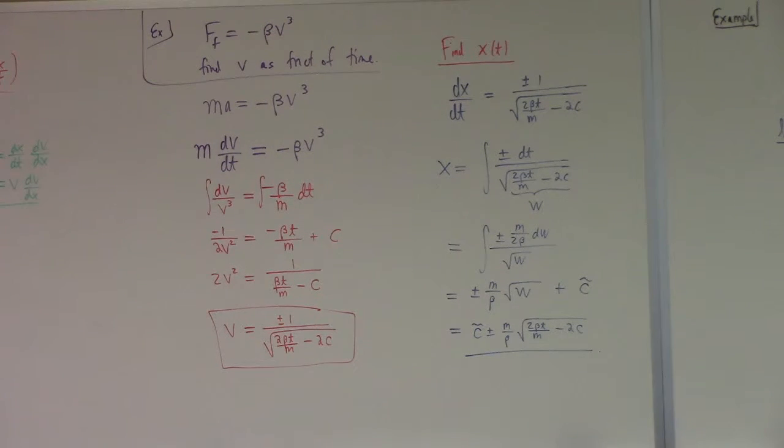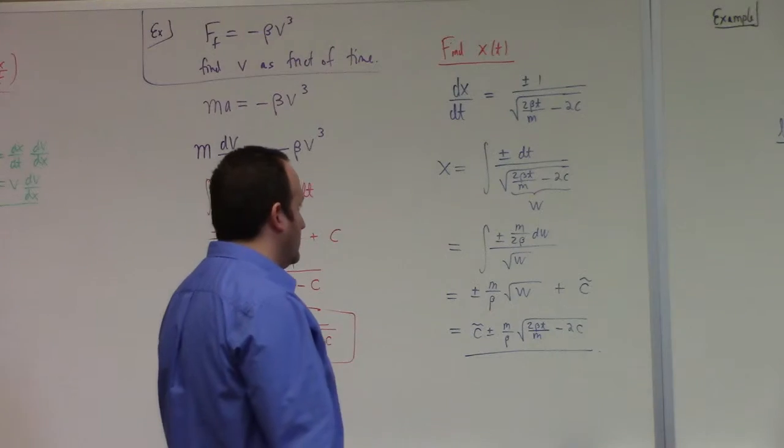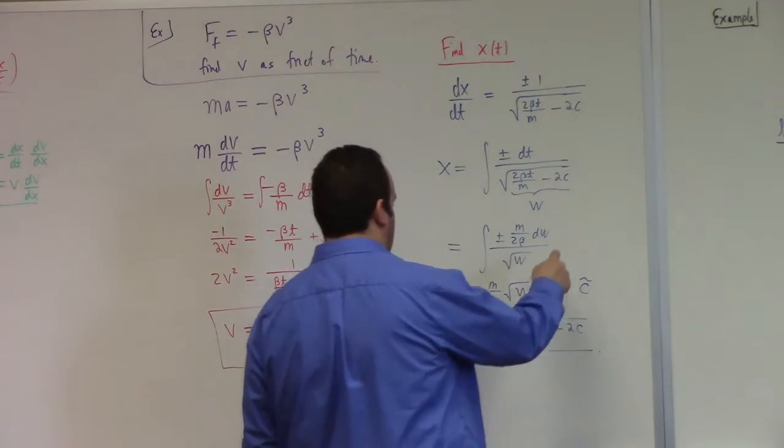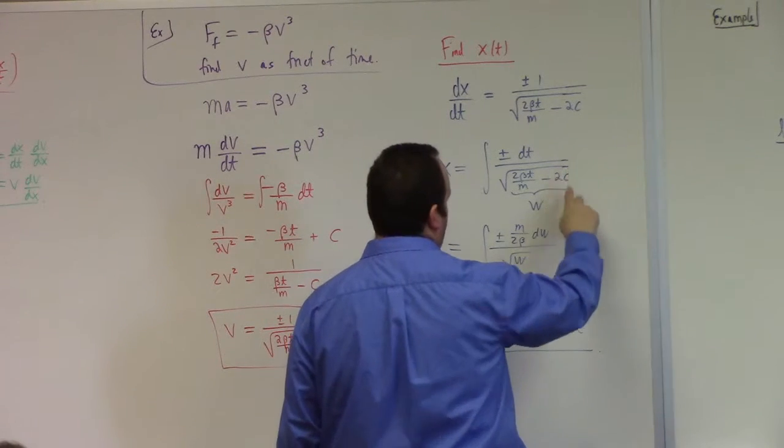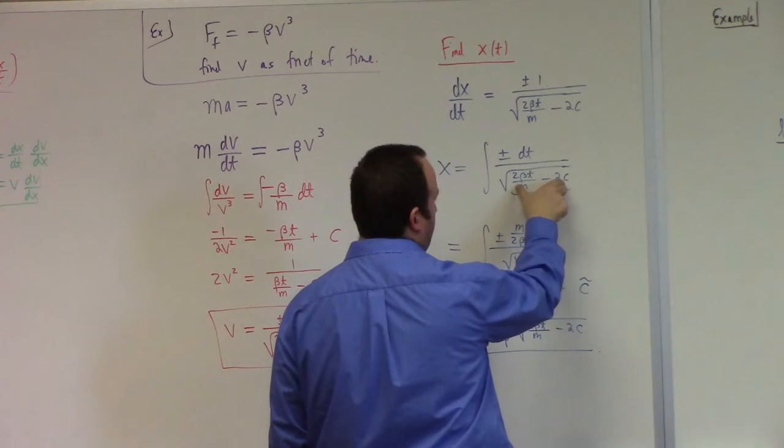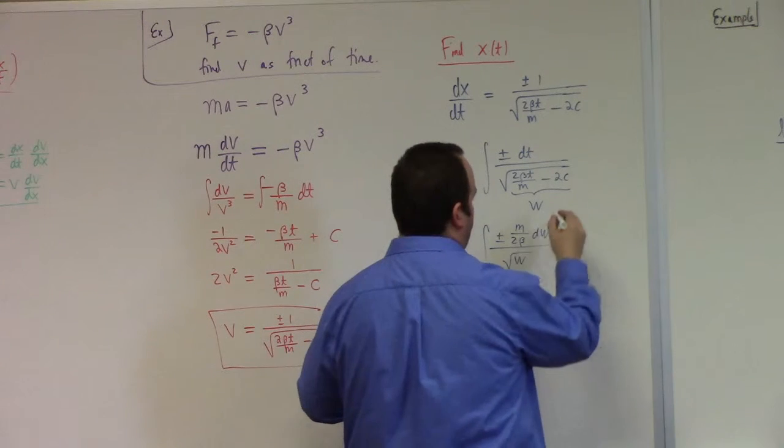Yes, sir? Here to here? Yep. Oh, so if w is equal to what's inside the square root, then dw is what?